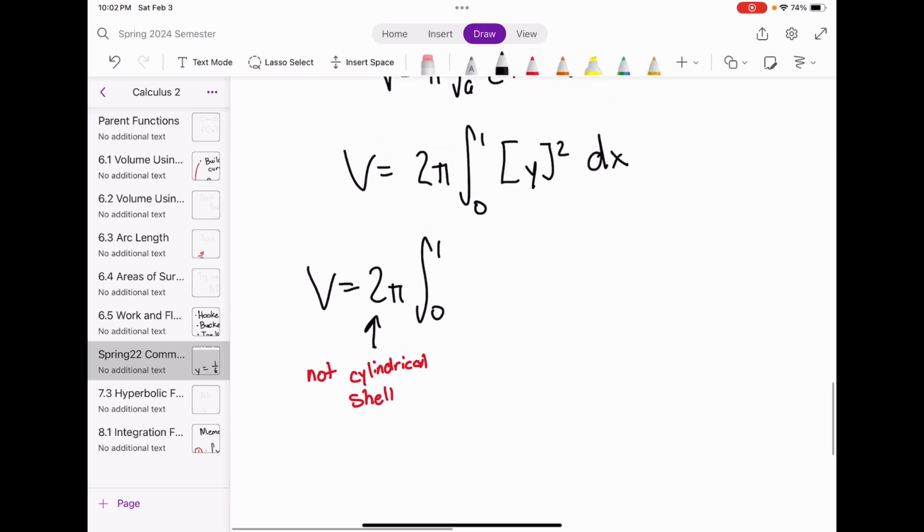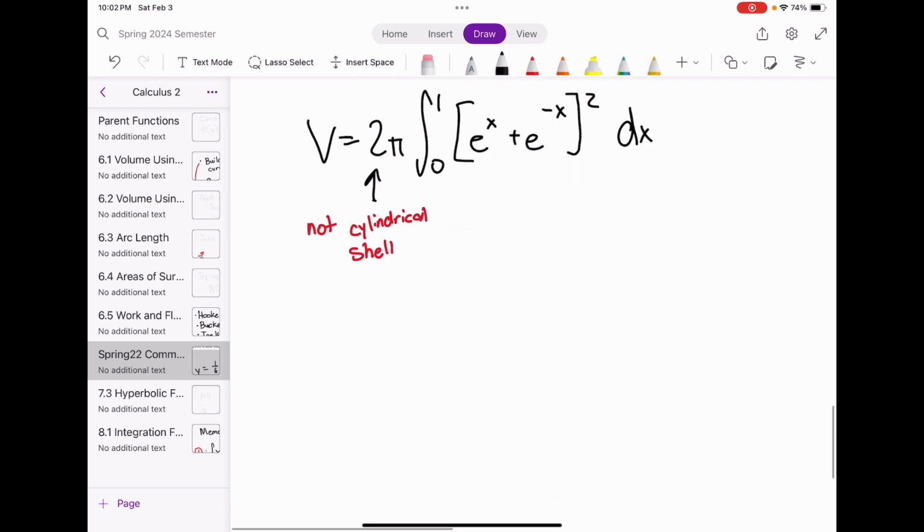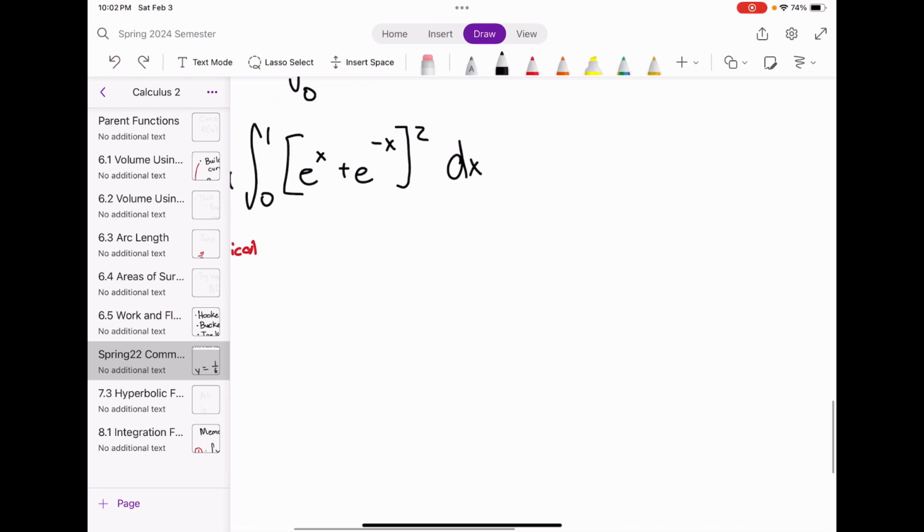This is simply because of the new bounds that we set for ourselves. So this y squared will become e to the x plus e to the negative x, squared, dx. Let's evaluate that.